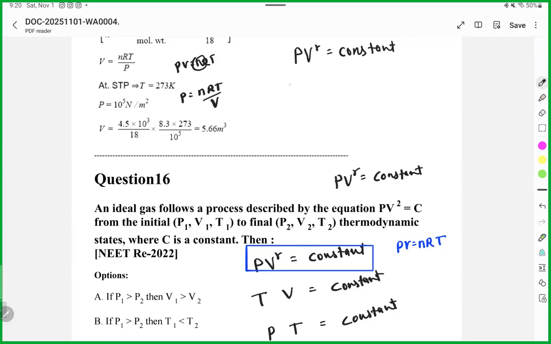Correct. So instead of P, can I write nRT by V? Here it is V^gamma is equal to constant. nR can go to another side and become a new constant. T, V, it will be gamma minus 1.